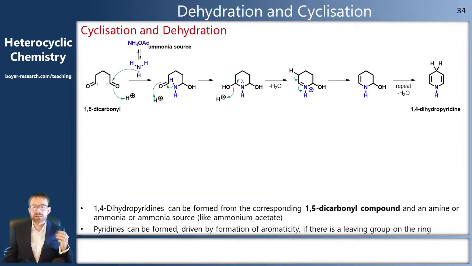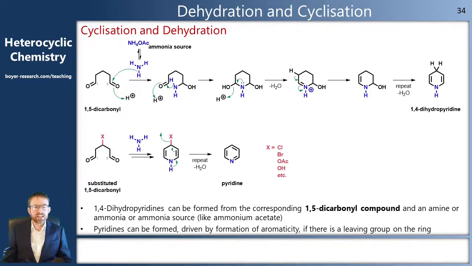In very much the same mechanism as for the pyrrole synthesis, our nucleophilic nitrogen will attack each one of our carbonyls, and then we'll get loss of water to form the double enamine species. However, this time, because it's not a 5-membered ring, we will not end up with the aromatic system, and we'll end up with a 1,4-dihydropyridine.